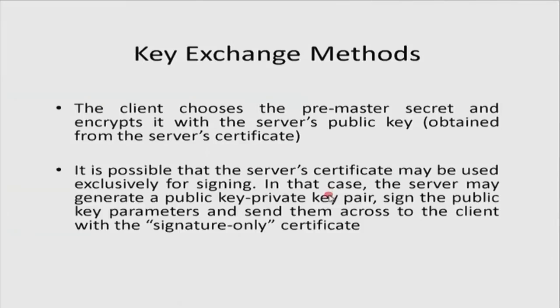That is what I will send across. So the server may generate a public key private key pair, sign the public key parameters and send the public key to the client with this signature. There are so many different options, and of course don't forget that you can use Diffie-Hellman options as well. You could have a certificate with the Diffie-Hellman parameters in them and so on.